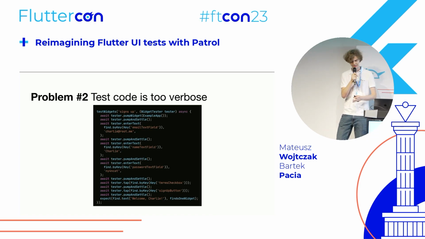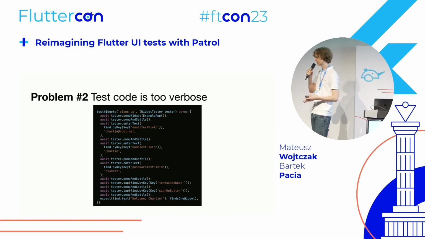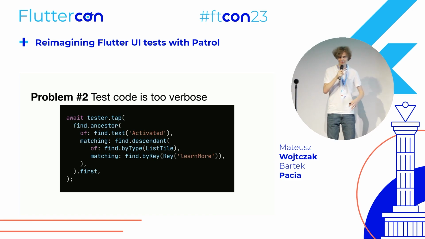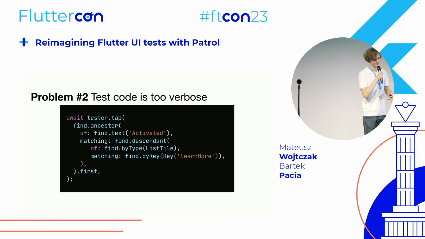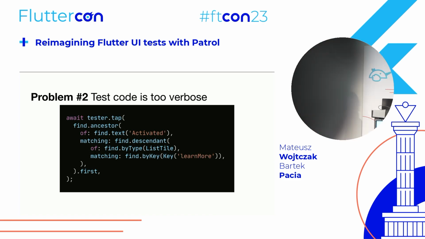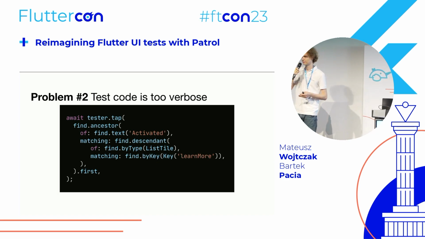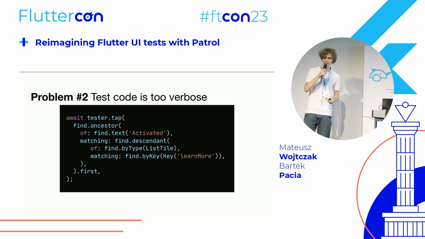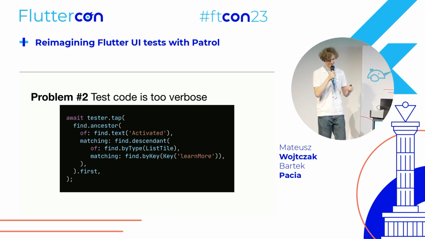So it's not a great experience since the beginning, but it gets worse. The larger and more complex your app gets, the more complex finders in your tests you will have to write. If you have quite a deep widget tree, you will have to reach for finder.ancestor and finder.descendant.